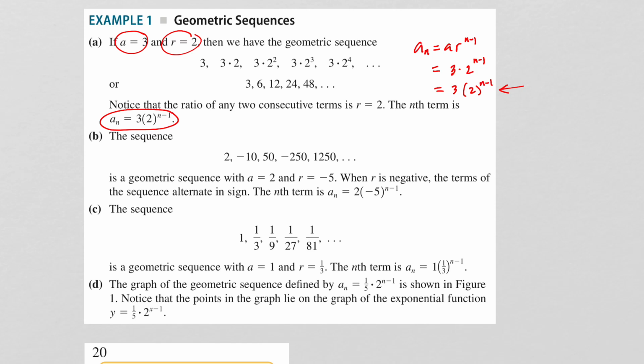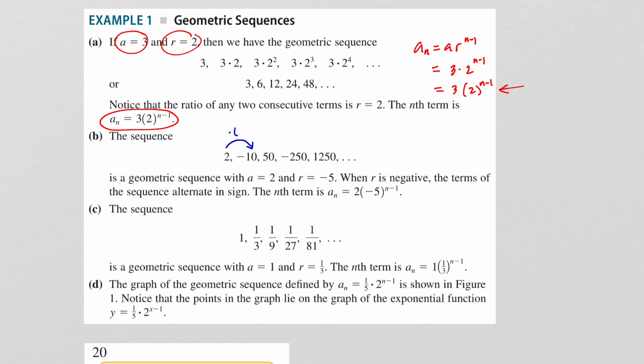For the next one, we have a sequence where we can see the first 5 terms are 2, -10, 50, -250, and 1250. Clearly, the first term of this geometric sequence is 2. Now, to get r, we have to think, what number are we multiplying 2 by to get -10?